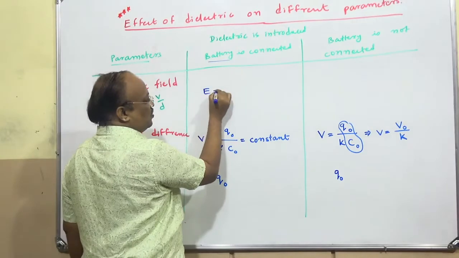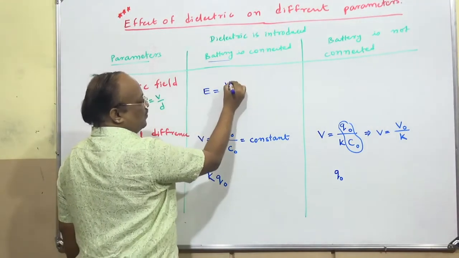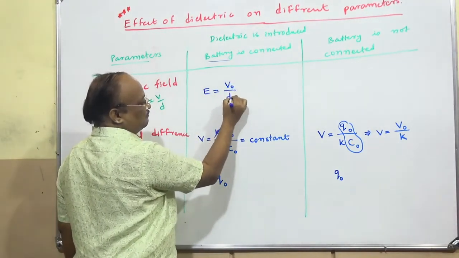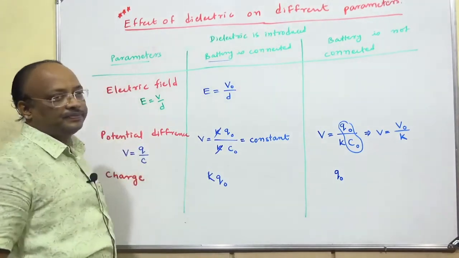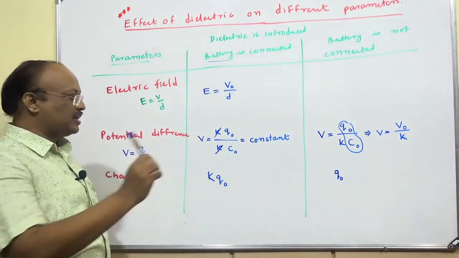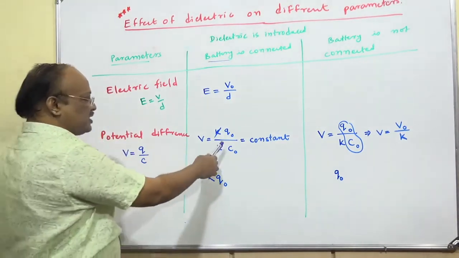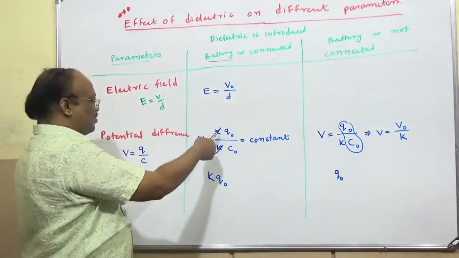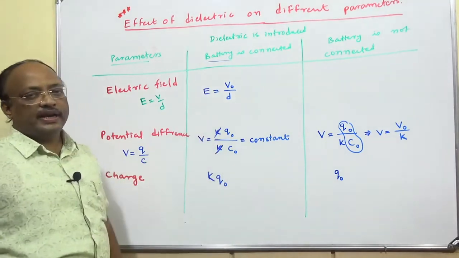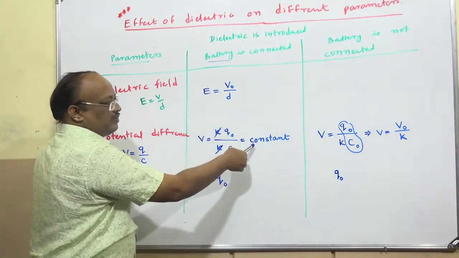E is equal to, if this is V naught by D, it remains same as E naught. It remains same because this is potential difference. K and K is getting cancelled. Because of that, it remains constant.